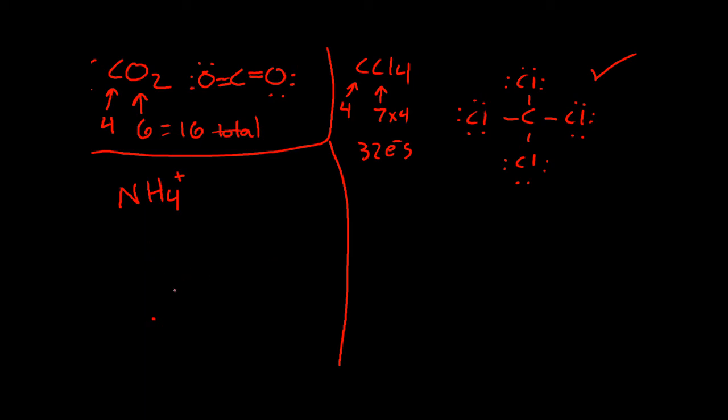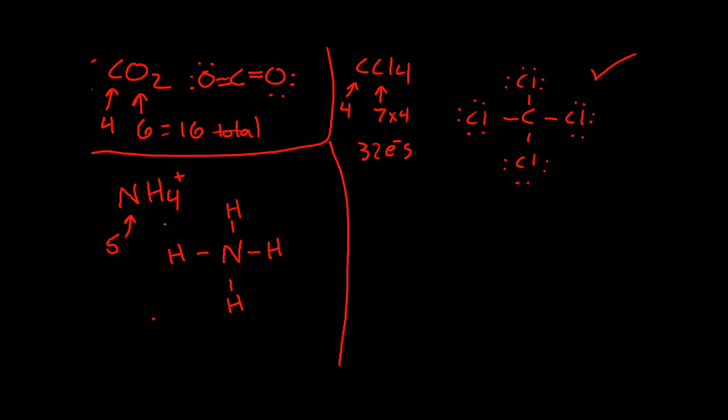So what about the ammonium? Well, its skeletal structure is going to look like this. We have nitrogen in the middle, 4 hydrogens bonded to it. How many valence electrons does the nitrogen have?